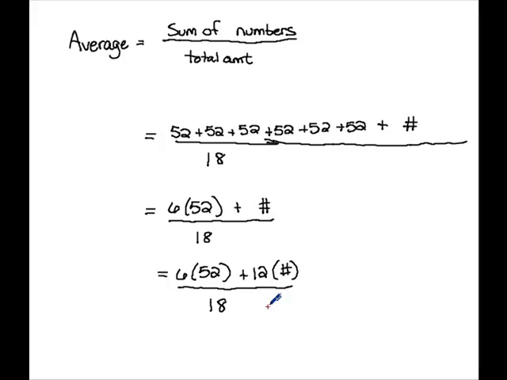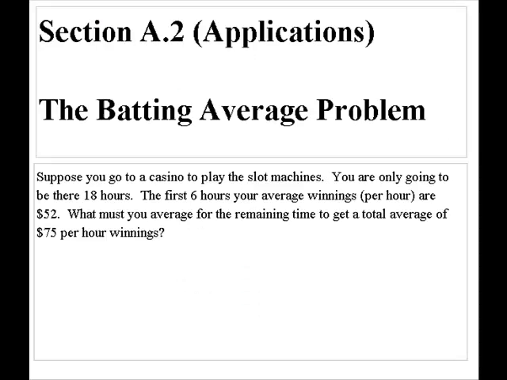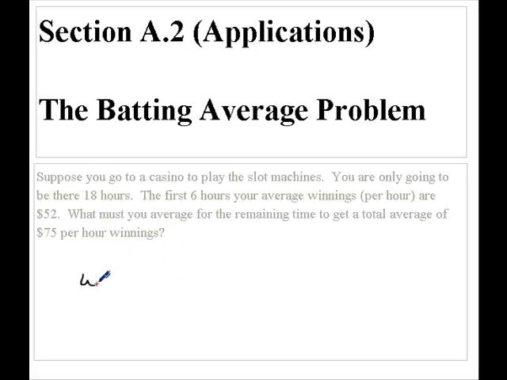Then let's talk about this formula. I have these last 12 hours. Each hour I want to average something. In fact, let me hop back to the problem to find out. Six hours, your average winnings are $52 an hour. What must your average be for the remaining time? So that's what we don't know. Let me write that in. We don't know the remaining average.